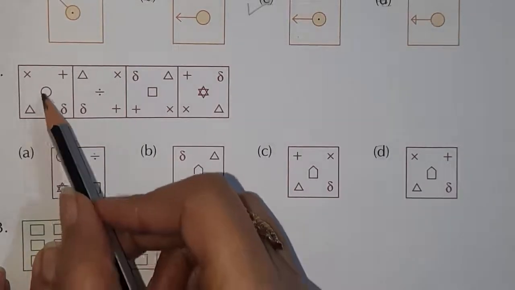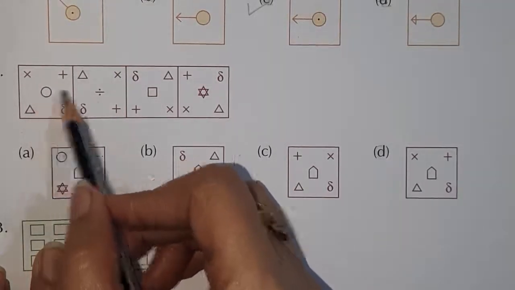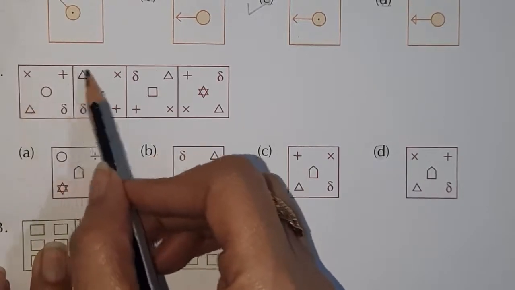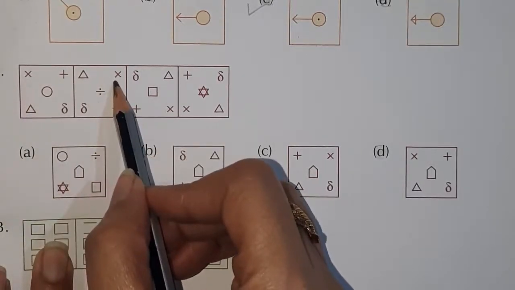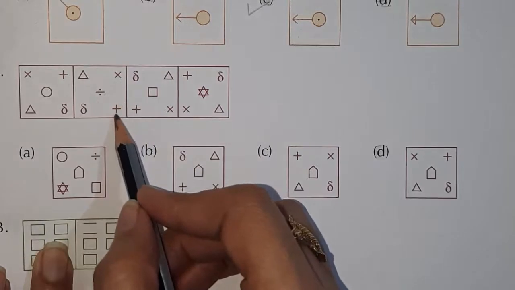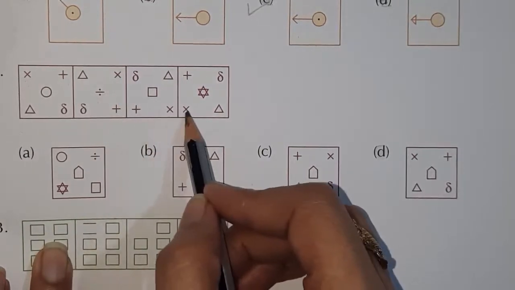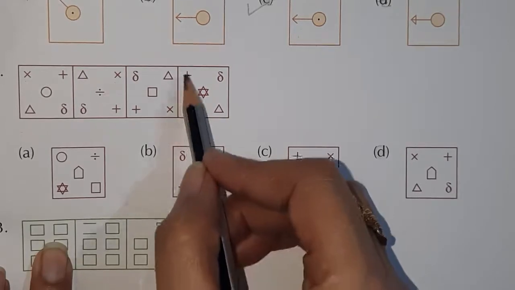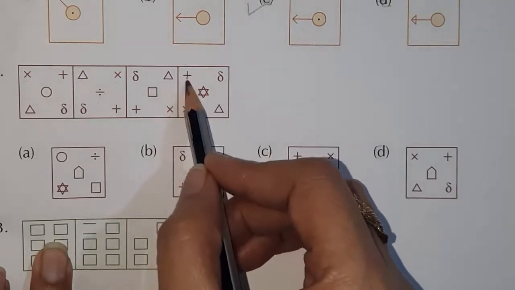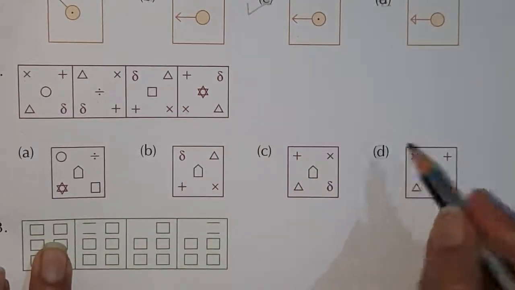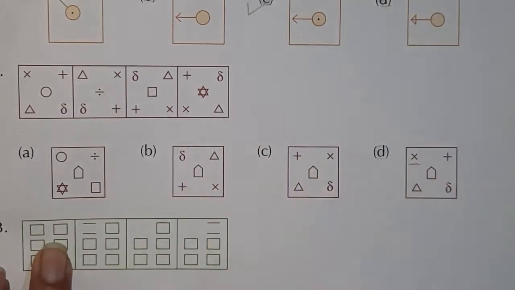Second question, say this first figure and second figure, a cross sign is there. Now it has shifted to another corner, then the next corner, here, the next corner. Now it has to shift here. Check this, only in one figure it is showing us the cross sign.